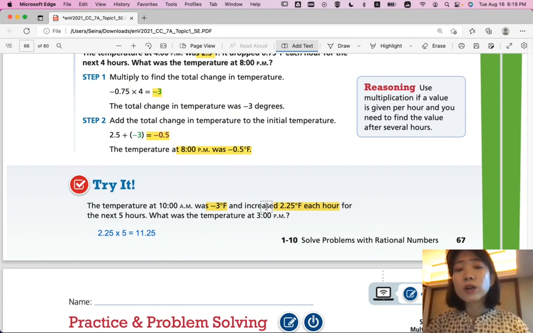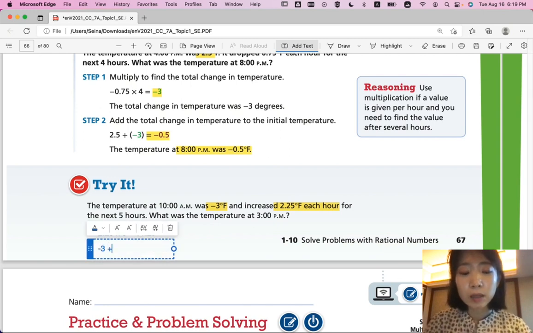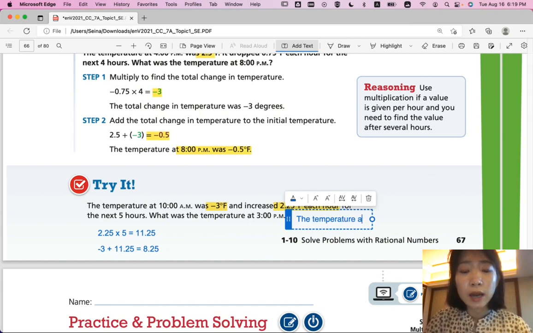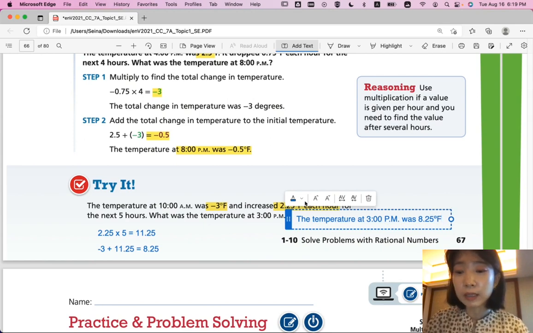That means you can write an equation: negative 3 plus 11.25, and that's going to equal 8.25. So the temperature at 3 p.m. was 8.25 degrees Fahrenheit.